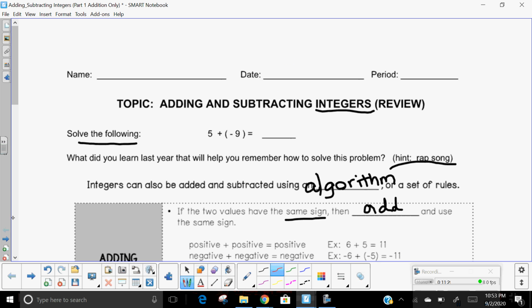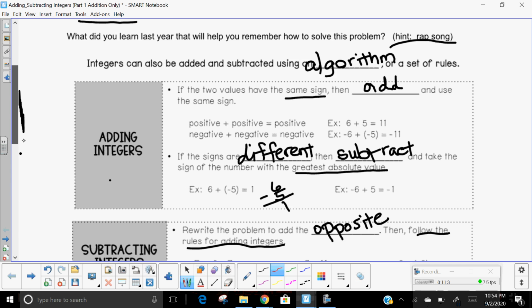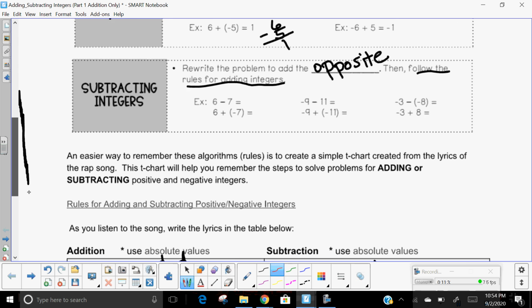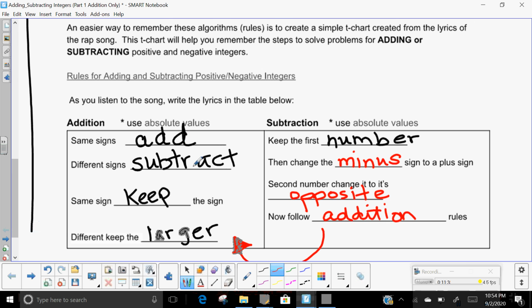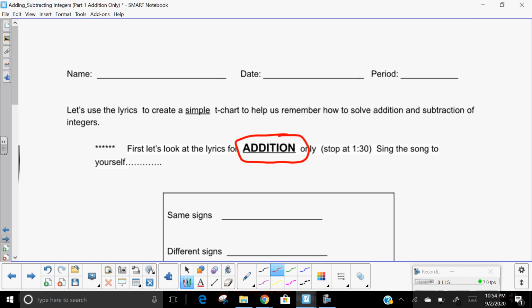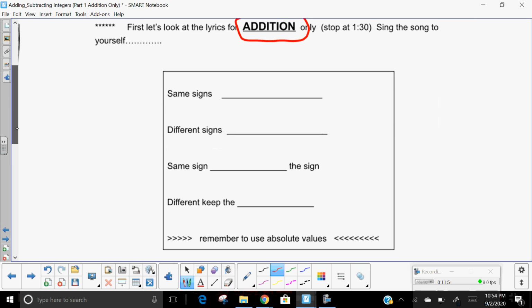And if you remember back here, that's this section right here. Same sign add, different sign subtract, same sign keep the sign, different keep the larger. So if you notice, I have one word filled out in each one of these. Those are the words that we're going to use in our T-chart to help us remember the rules.